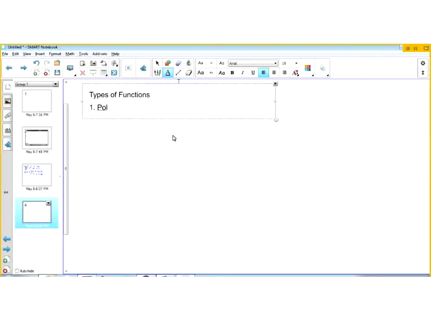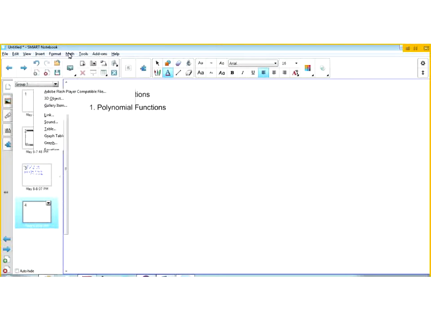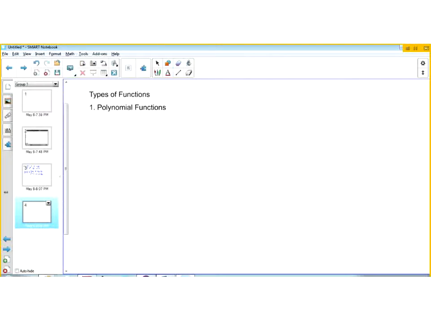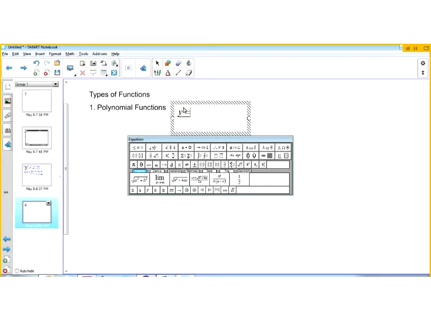So what are polynomial functions? Let's see. So an example of a polynomial function.